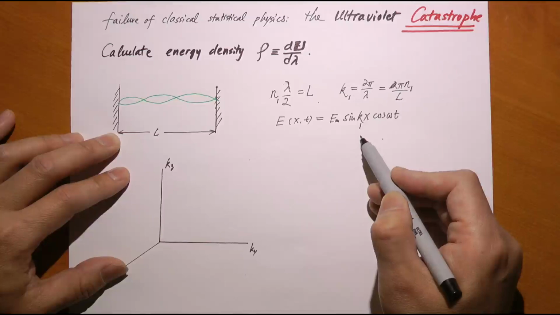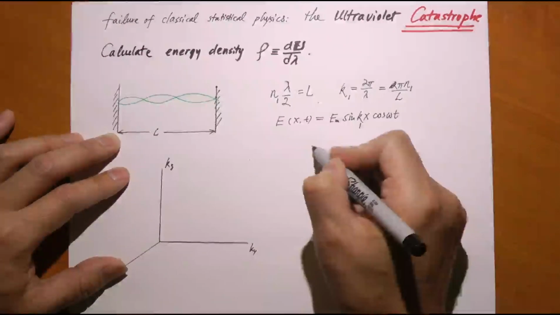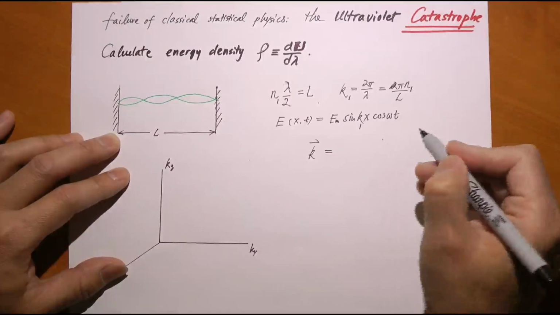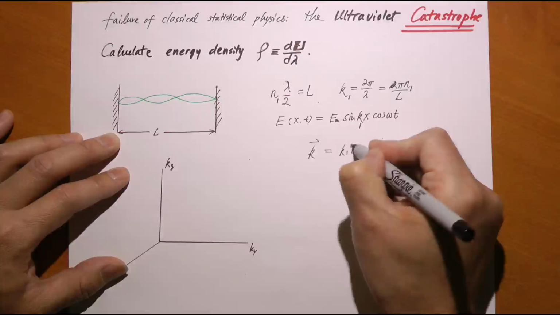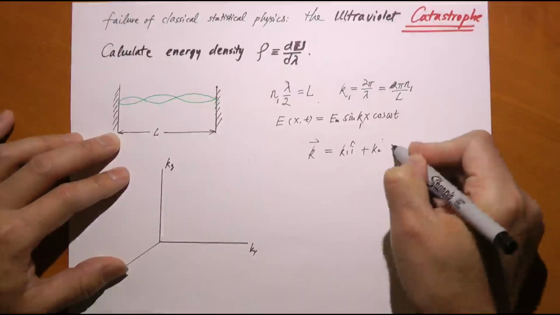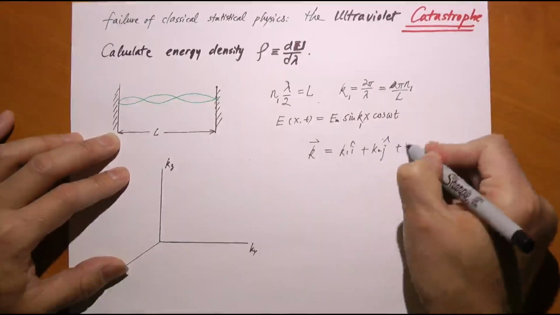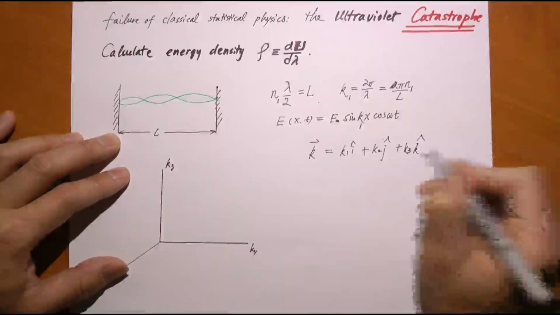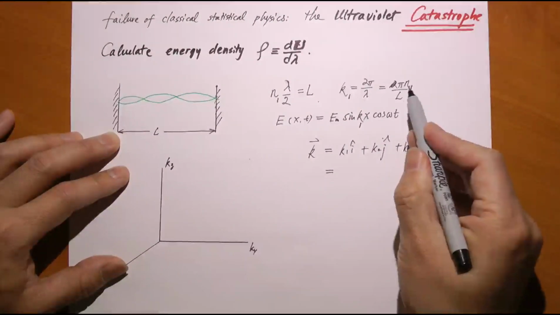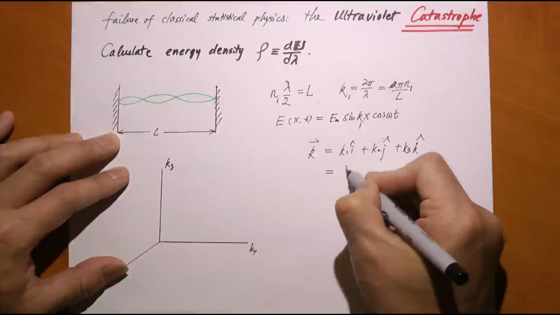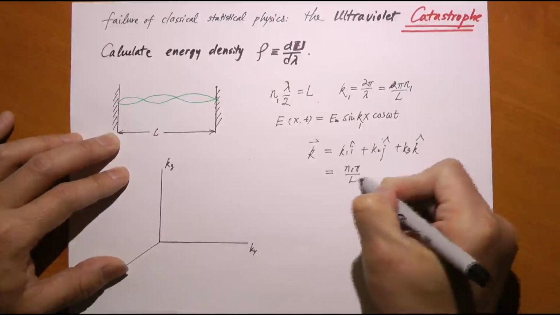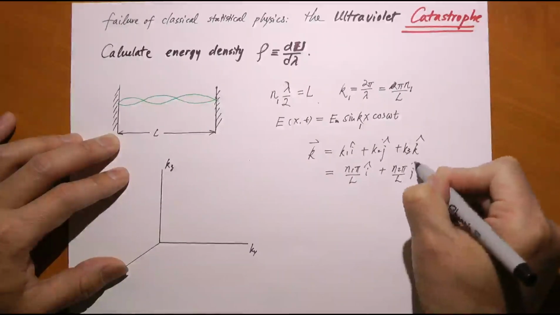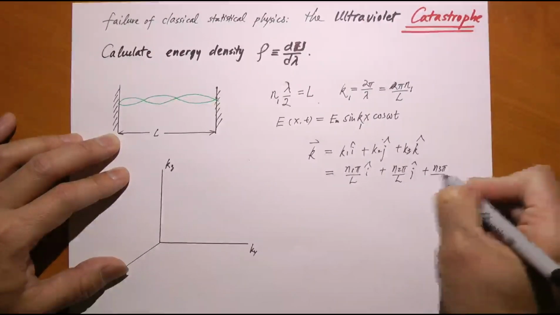These are the y and z components of this wave vector, and therefore the total wave vector is k1 i plus k2 j plus k3 k. K2 is the y component of k, and then k3 the z component. And k1 is n1 pi over L, that's i, and n2 pi over L, that's j, and n3 pi over L, that's k.